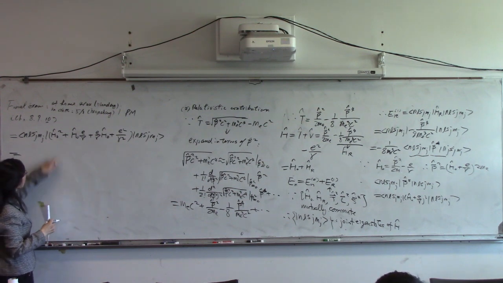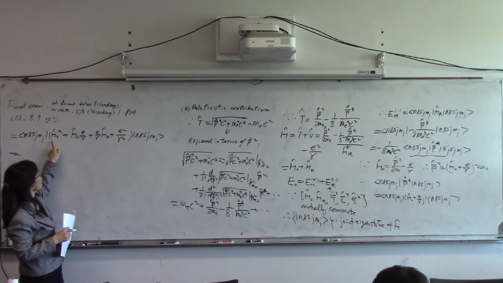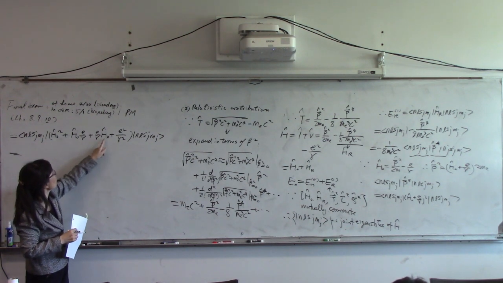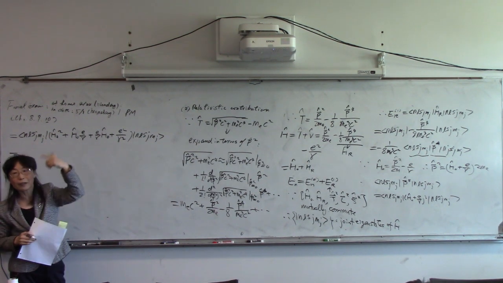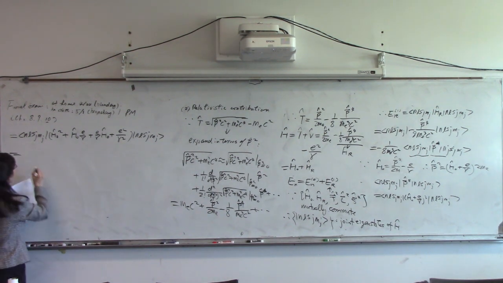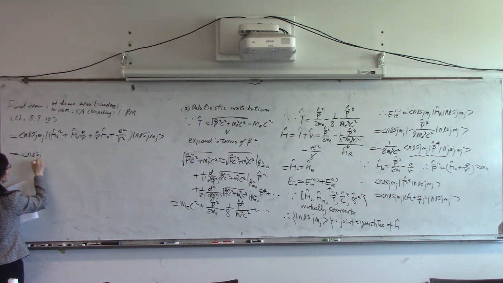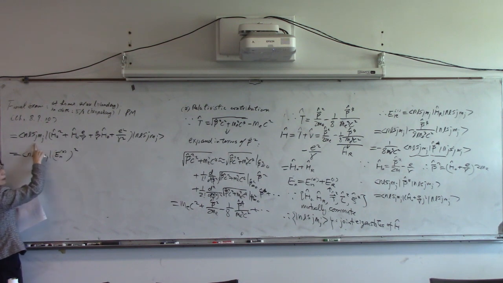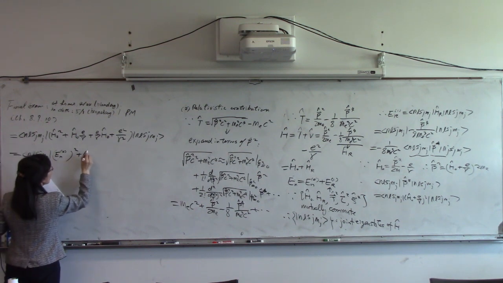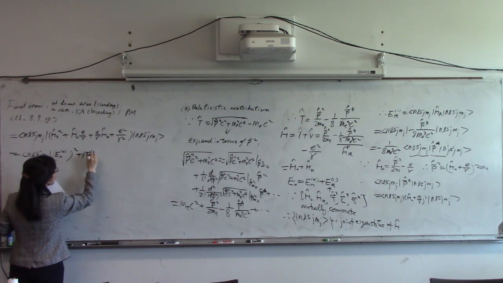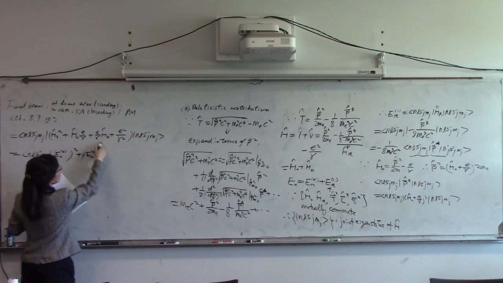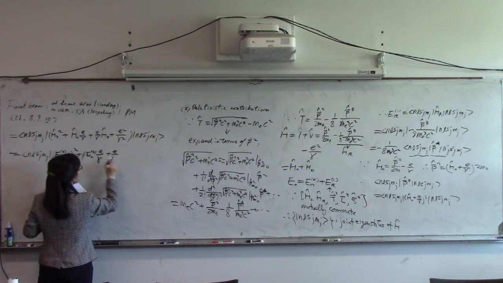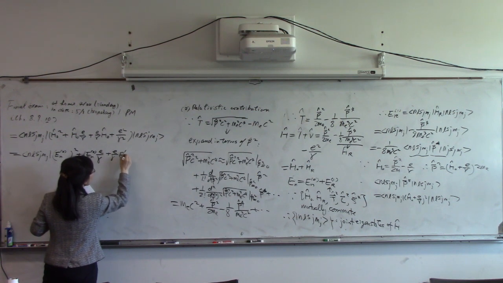Then now we can do this, because we know these are eigenstates of H naught, so that is E_n. We can obtain this one: H naught applied to this, or applied to the other side, because it's Hermitian. So let me write it down. H naught squared gives E_n squared, the first term. For the second term, applying H naught gives E_n, and I keep e squared over r here.